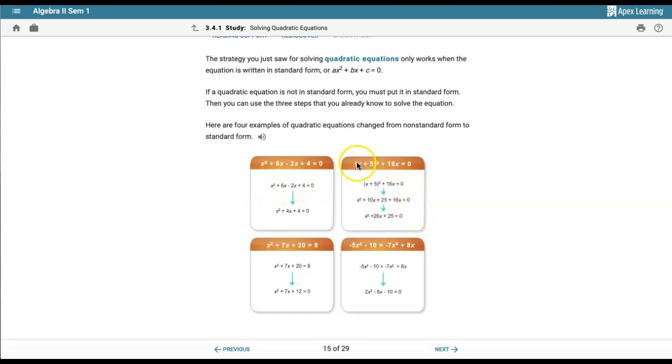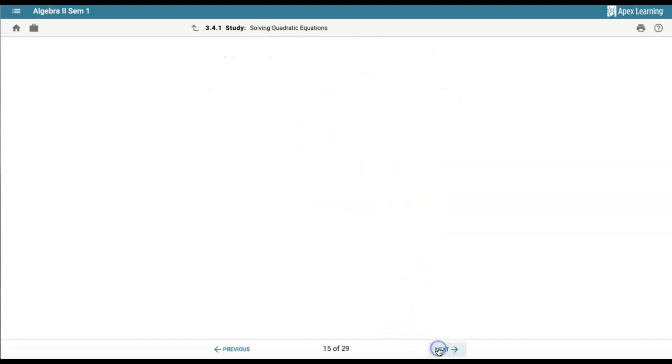Make sure that you multiply everything out and combine like terms. If there are any variables or constants on both sides of the equation, make sure you put them all on one side, so moving the 8 to the other side, or moving the negative 7x squared plus 8x to the other side. It's all about getting it in that ax squared plus bx plus c form.